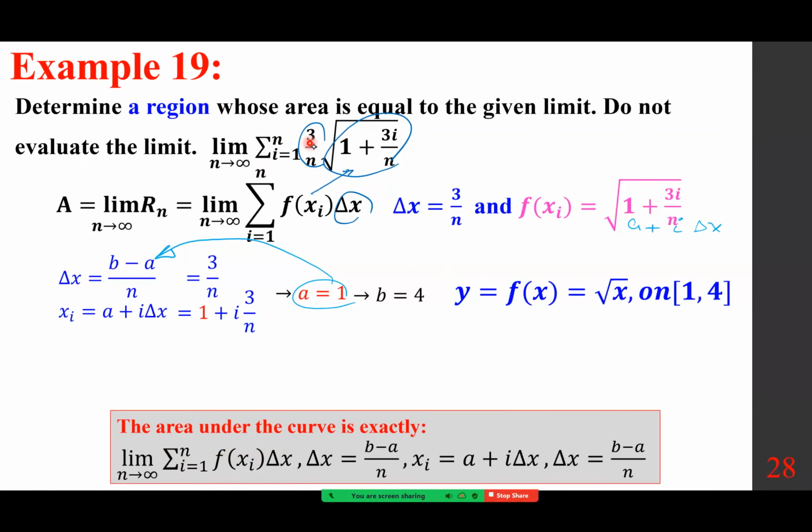Now, what's interesting is it is not unique. You can make some changes. For example, delta x, we know it to be 3 over n. So if we say x sub i, which is a plus i delta x, we claim it to be 0 plus i delta x, so a becomes 0, b becomes 3.